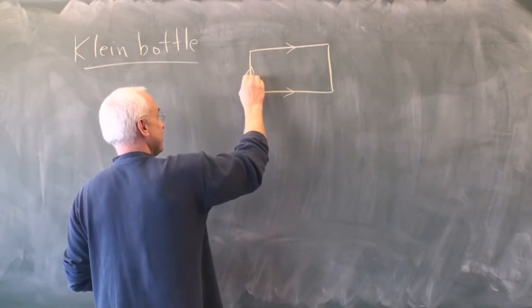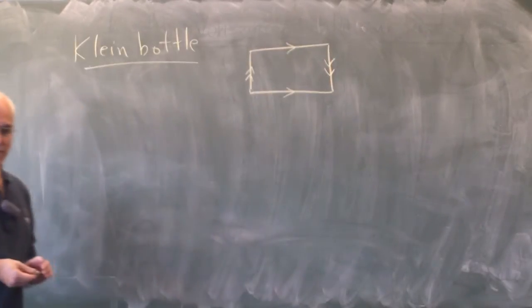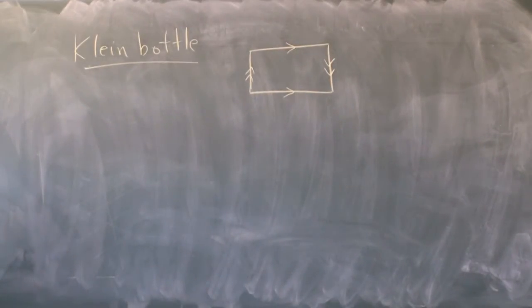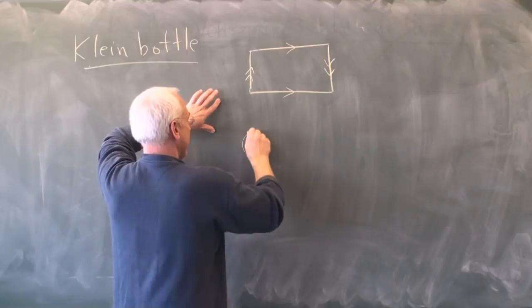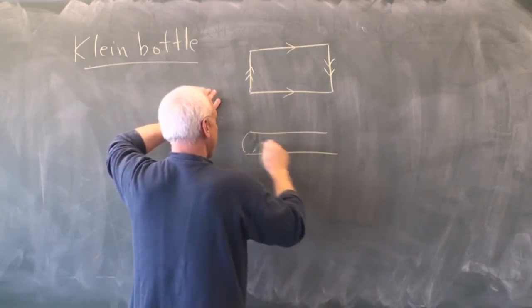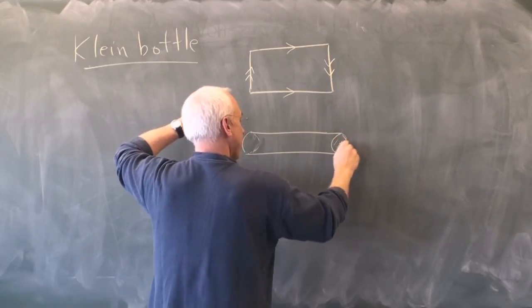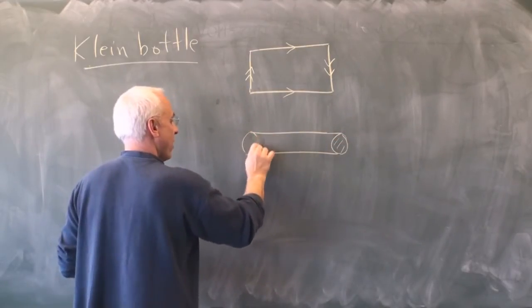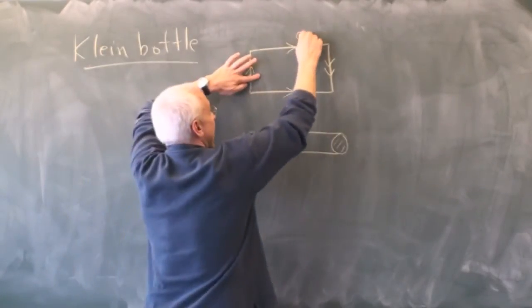And then we glue these two sides together, but we do so in the opposite way from what we do when we glue a torus together. The first identification results in a cylinder. That's dotted there. That's after we've glued, say, A with A.